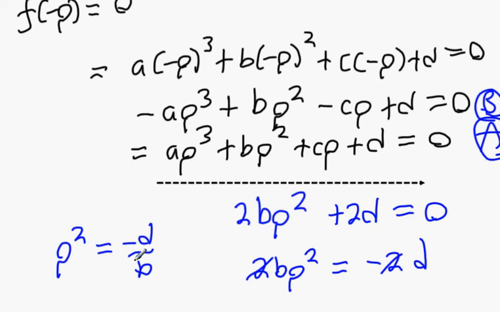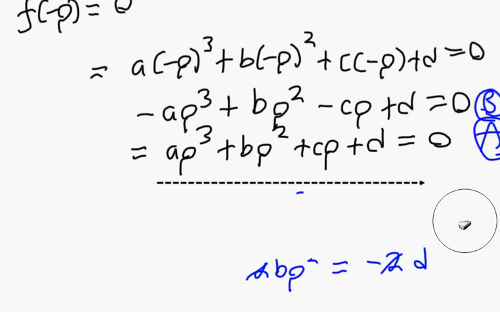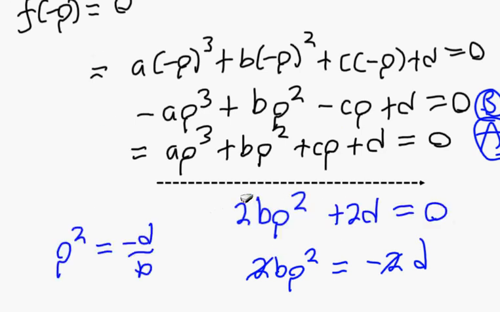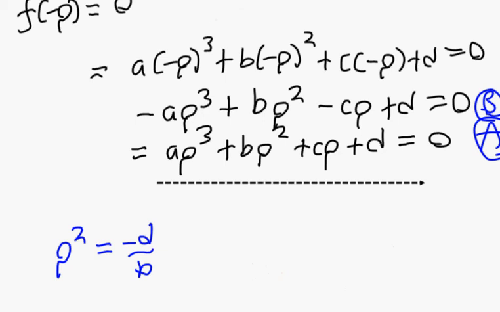That's one equation we got last time, isn't it? How do you get the other one? Multiply by minus 1. This time we added them together and we got this equation here. This time, if I multiply the top one by minus 1, I'm going to get plus ap cubed, minus bp squared plus cp minus d. Now what happens this time? I get 2ap cubed. These cancel and these cancel.